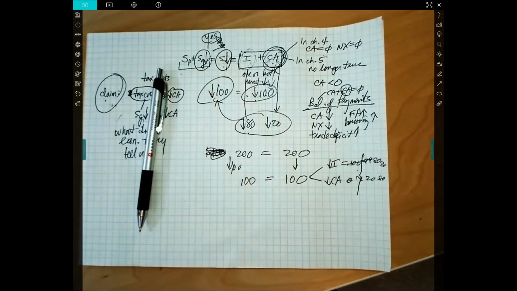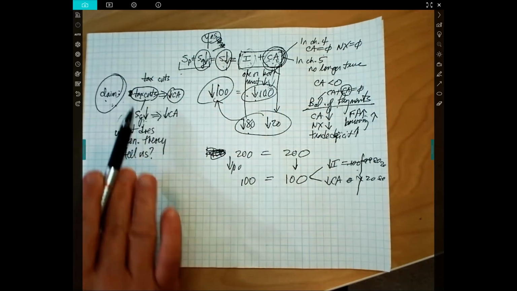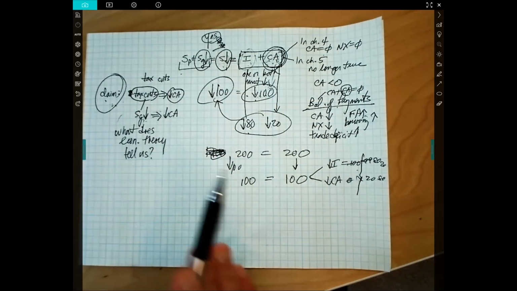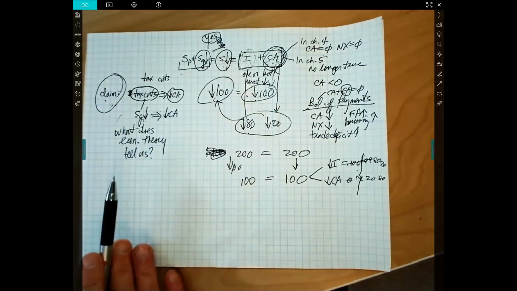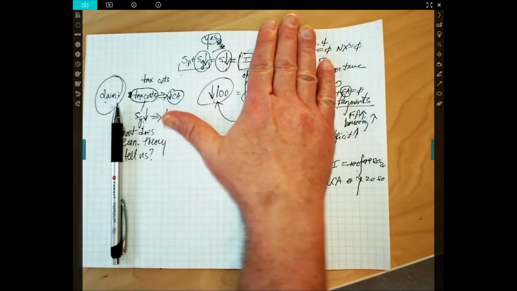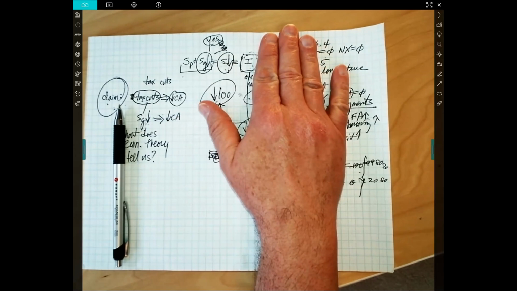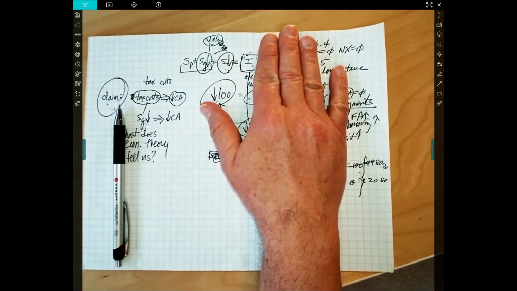Why is all that important? Okay, so step back from that. Bigger budget deficits, tax cuts, bigger budget deficits. They've got to print more treasury bonds and put them out in the market. The question is, who's buying them? If you are a closed economy, it's only people in the United States that are going to be able to buy those, because there are no other countries in our model in that case, right?